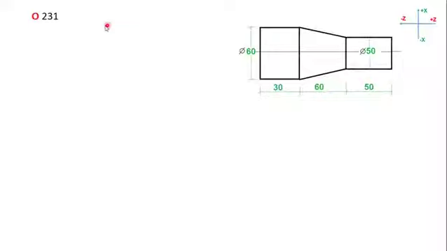As usual, first we start with O and the program number, then we'll start with N10. Then we are using G90, G21, G40. What is G90? This is the absolute coordinate system. G21 is the metric system. G40: any cutter compensation given in an earlier program will be stored in the machine, so we have to cancel all the cutter compensation.